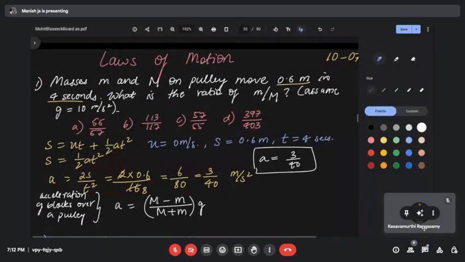This is the relationship. So substitute here and simplify to find out the ratio of small m to capital M. We have all the values.